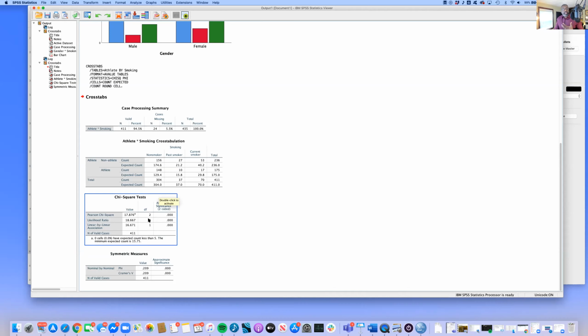And so we can say we reject the null hypothesis and we accept the fact that there is a relationship between athletes and smoking status, which makes sense, right? You know, again, you're not going to be out here running the 100-meter dash and smoking a cigarette before. It just doesn't make sense.